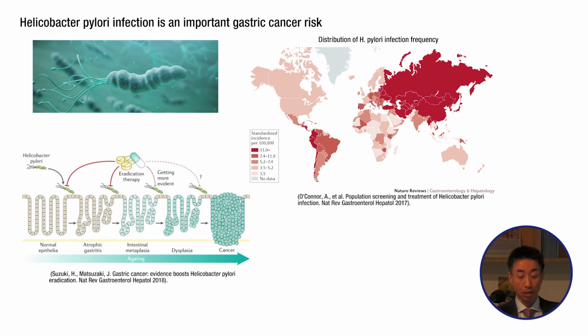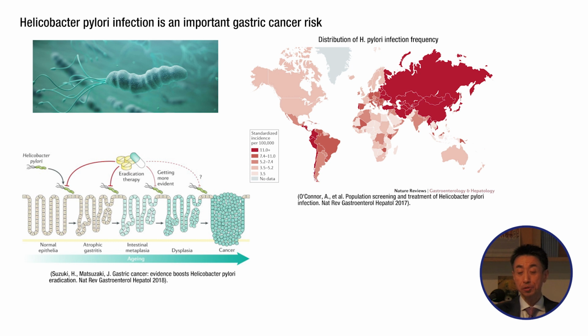This scheme shows that the infection causes chronic gastritis, a kind of inflammation. After this inflammation, the gastric epithelium starts to regenerate, and then sometimes abnormal cells arise, and this proceeds to cancer.